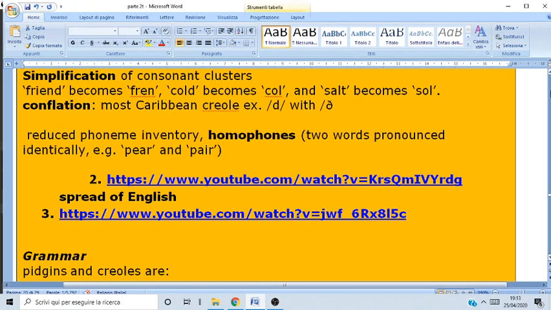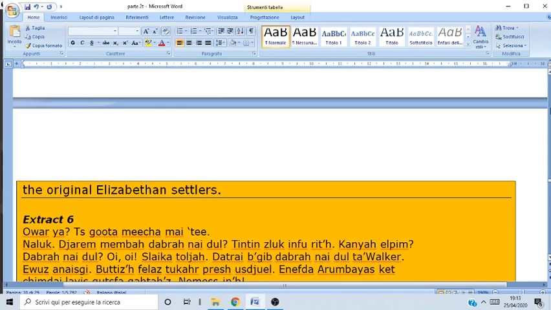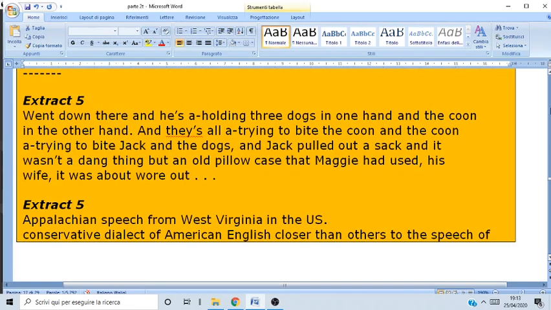So let's go back to what we did yesterday. This one was a little more practical, something that you had to do more on your own. I gave you 9 extracts from different times and places, and I asked you to tell me whether you would consider these as coming from legitimate or illegitimate varieties of English, and on the basis of what characteristics.